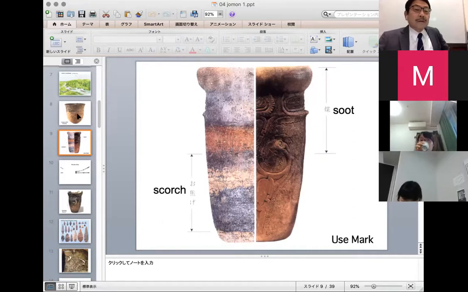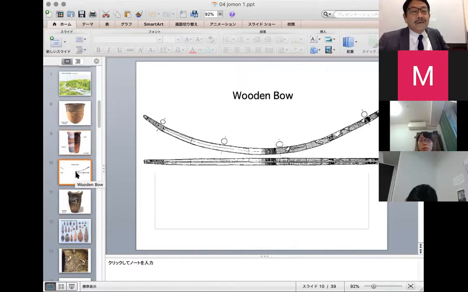Right. And let's see. Another revolutionary invention is the bow and arrow system, which never existed in the previous period. And the Jomon period bow is very simple.